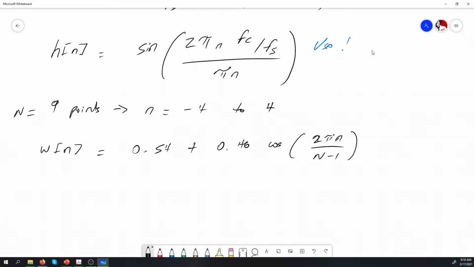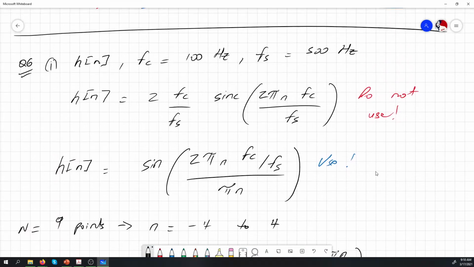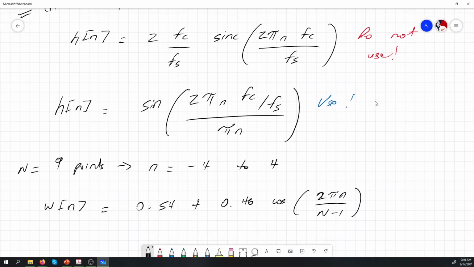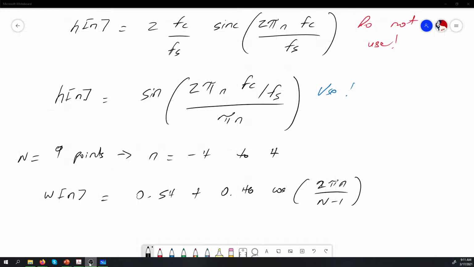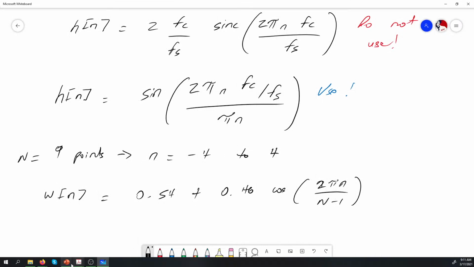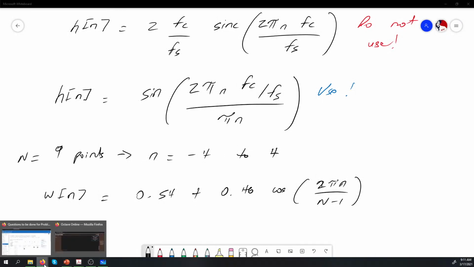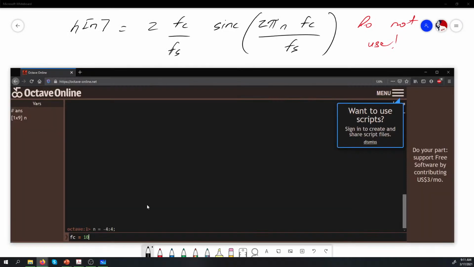Fc here, the question was 100, and fs was 500. Right, and then I can solve here for my h equation.